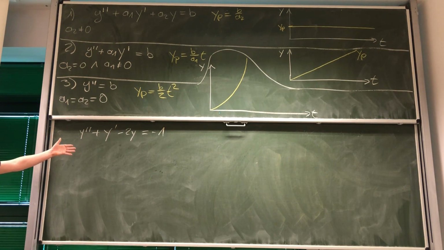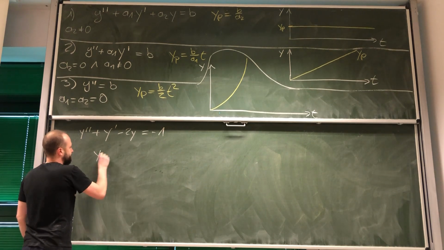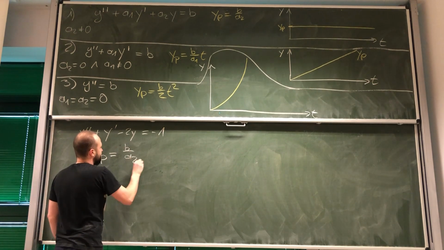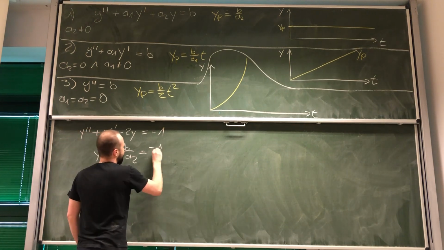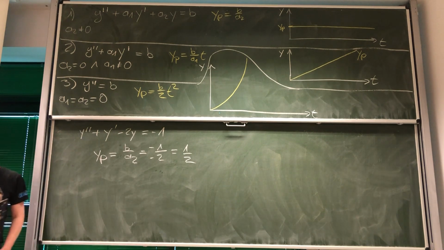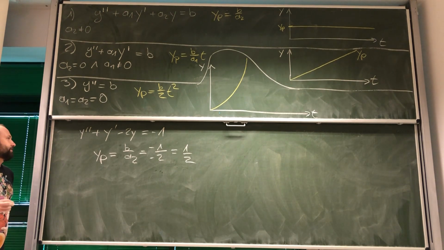In this example, clearly we've got case number 1. So the particular integral is simply b over a2, which means -1 over -2, which is 1 over 2. And this is the solution that we have.